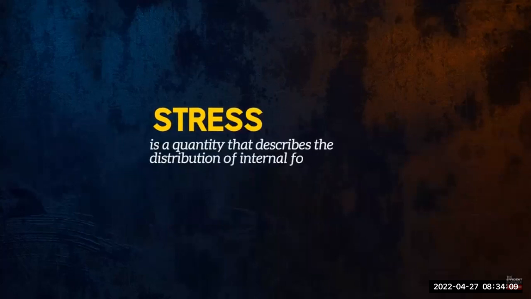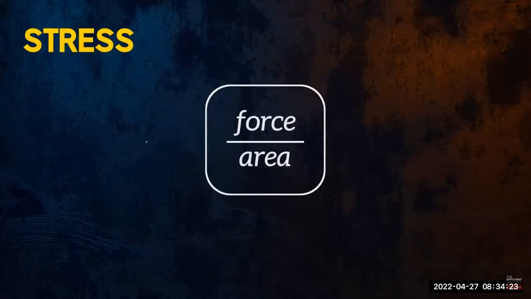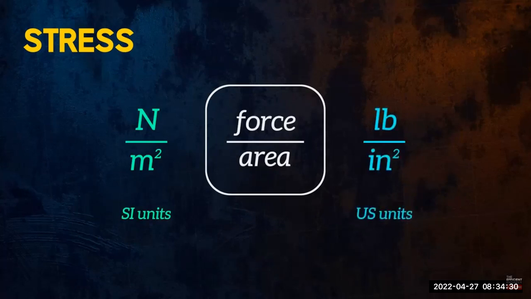Stress is a quantity that describes the distribution of internal forces within a body. It makes it easier to discuss the internal state that develops within a body as it responds to externally applied loads. Stress is a measure of the internal force per unit area, and so has units of newtons per meter squared in SI units, and pounds per square inch in US units. Newtons per meter squared are also called pascals.